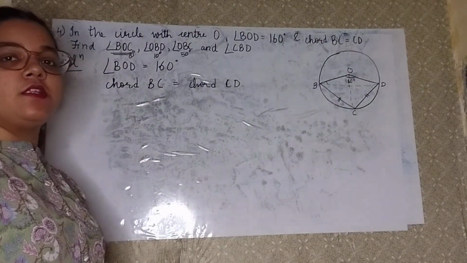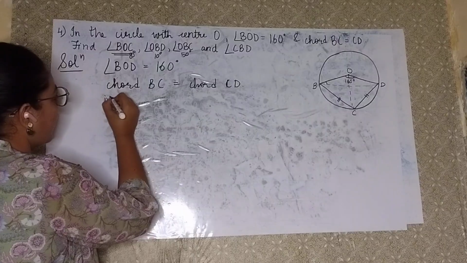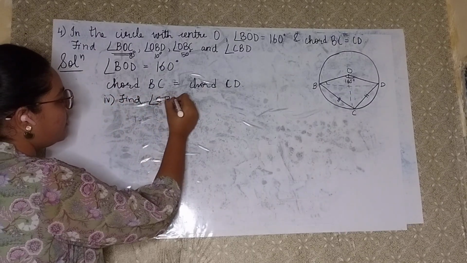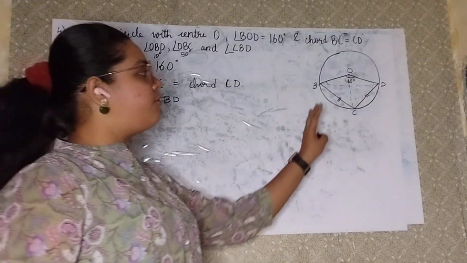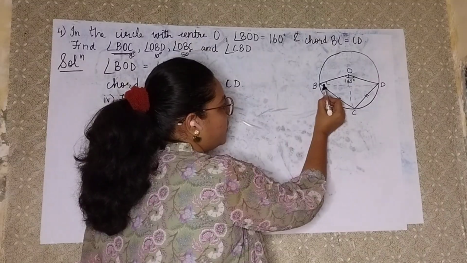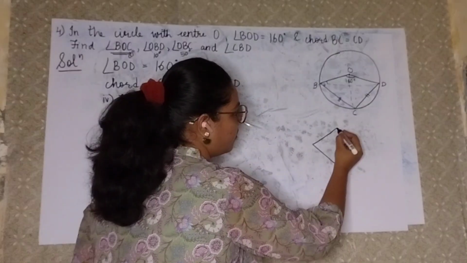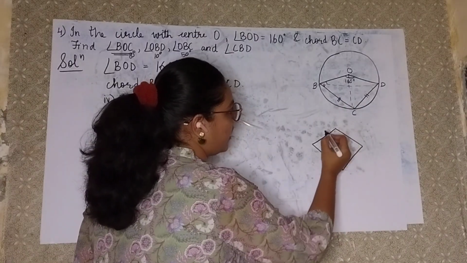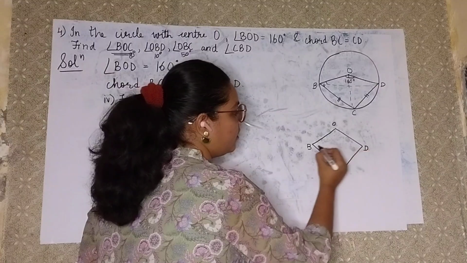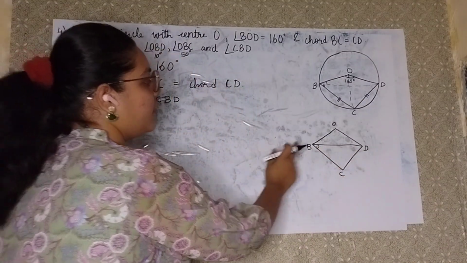Last part of the sum, that is angle CBD. So fourth part, find angle CBD. Again we have to see where the CBD lies. CBD comes over here, this part of the quadrilateral, so the whole quadrilateral, like this, O, B, C, D. We want to find CBD.